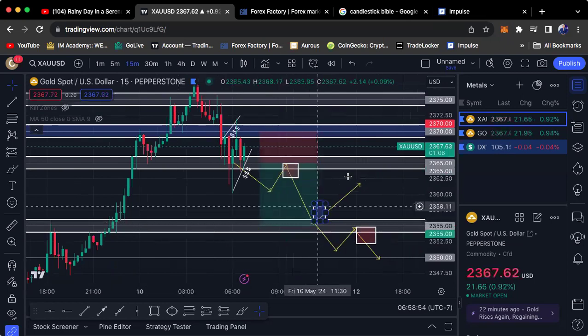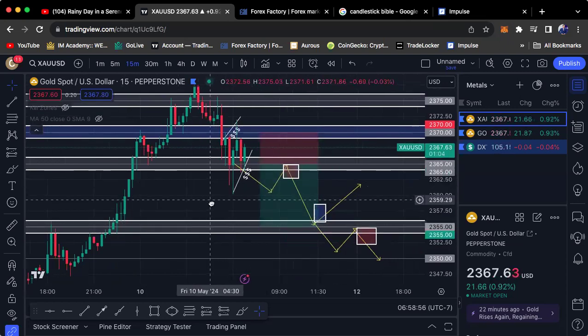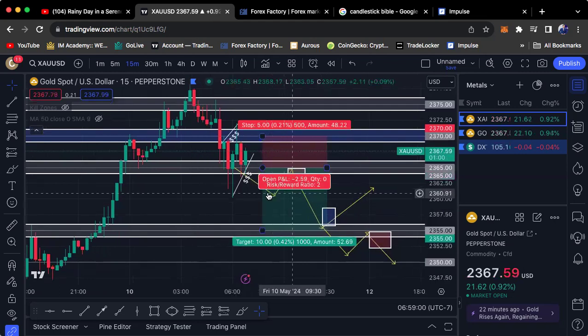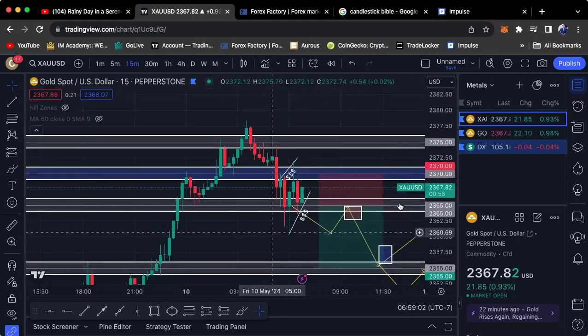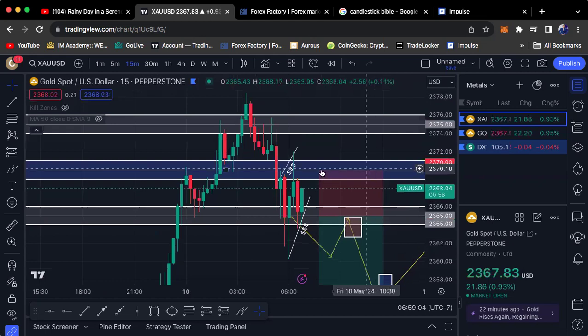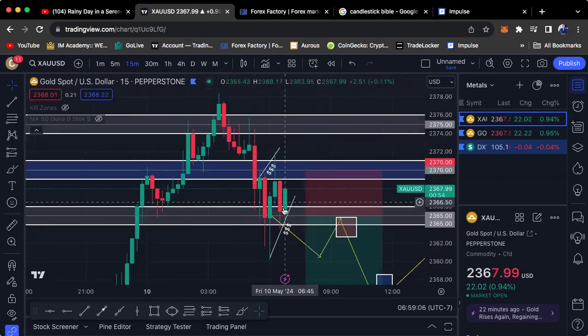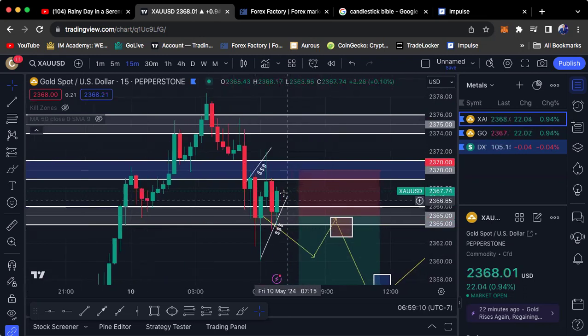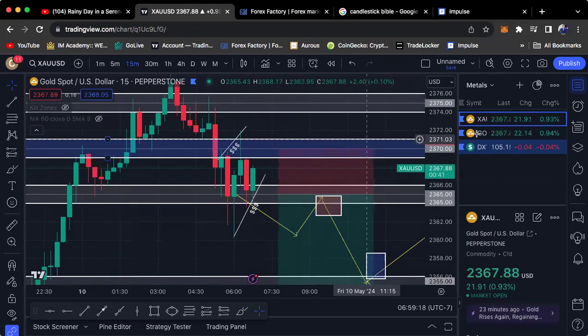Resistance can now become a support. Or if you guys want to wait until this candle closes, we have less than a minute for the new candle formation. It's supporting this level. So let's see what happens.